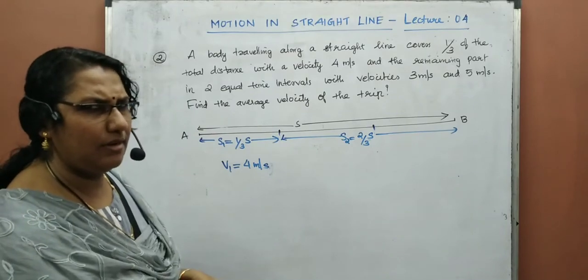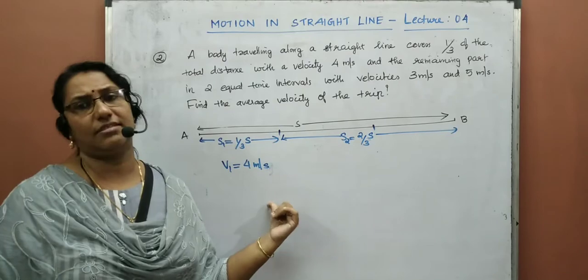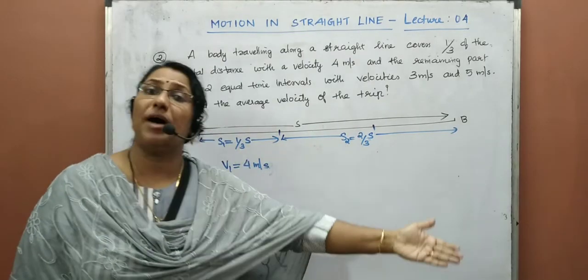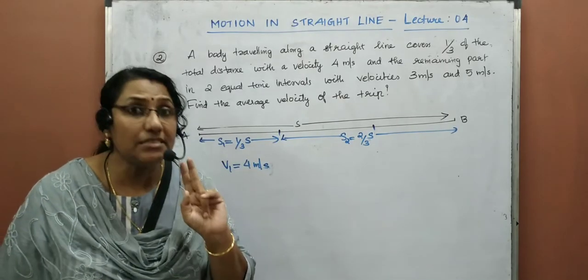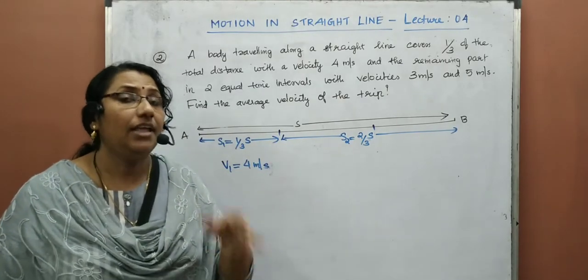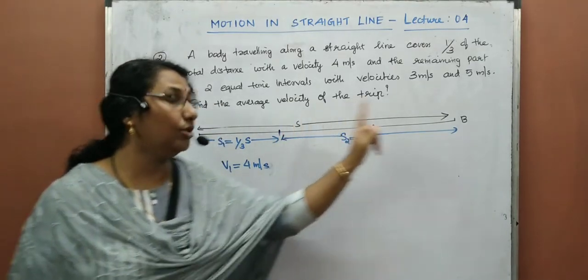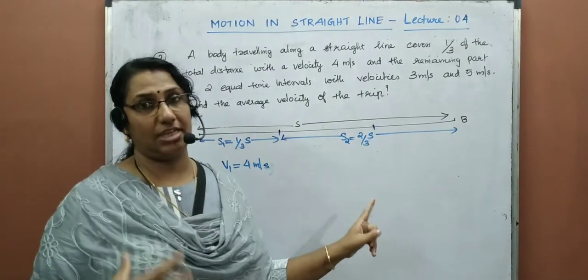Is it clear? The first 1/3 part of the distance is travelled with 4 meters per second. But the remaining part is not travelled with a single speed. It is travelled in 2 equal time intervals.